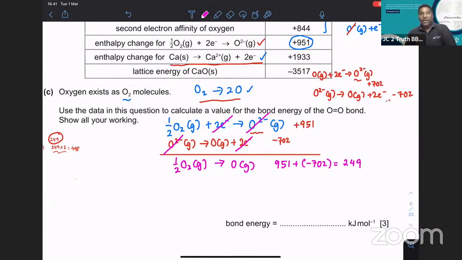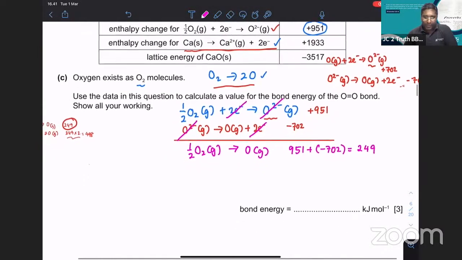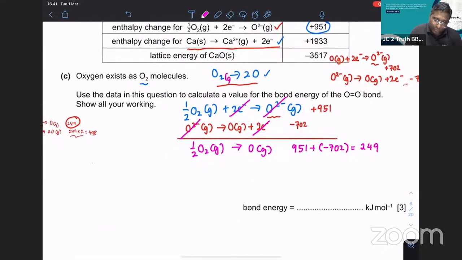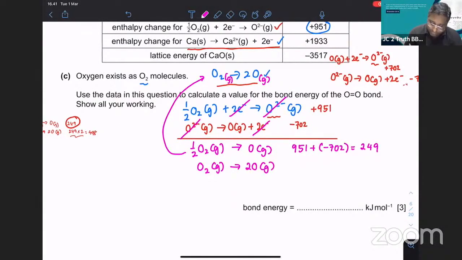Now, if you want to find the bond energy, it is going to be O2 gas to give you 2O gas, and I know that this value is 249. So if you want to find the O=O double bond energy, you just need to change this equation to this equation. What you need to do is times by 2. You times by 2, you will get O2 gas giving 2O gas, and 249 times 2 gives you positive 498.